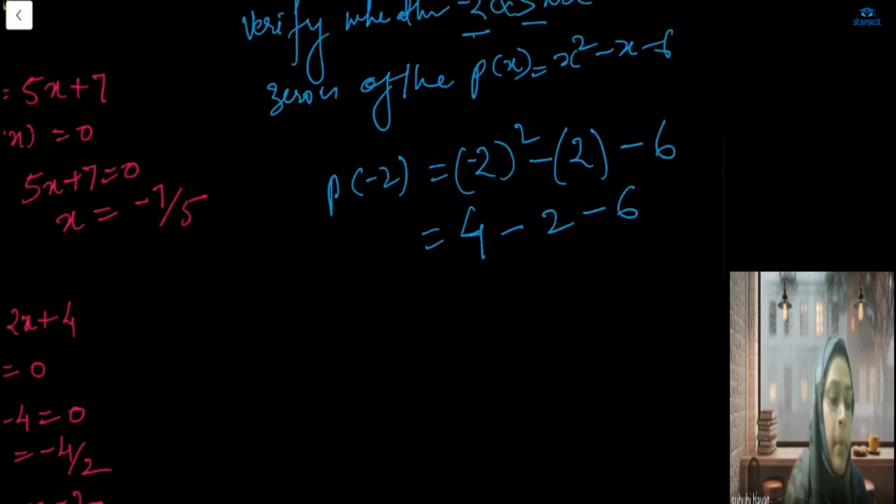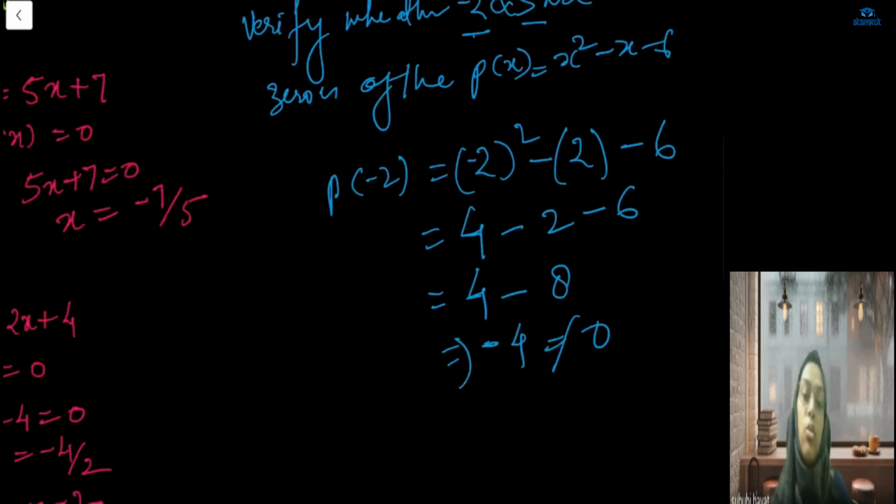Now you can see the expression here is not equal to 0. You are getting minus 4, which is not equal to 0. Therefore minus 2 is not the zero of the given polynomial.